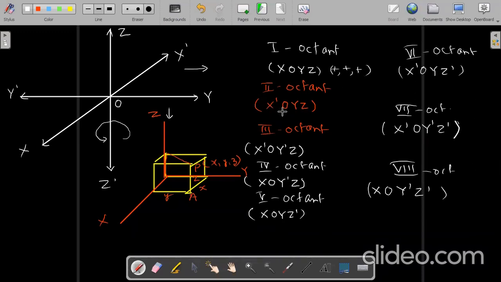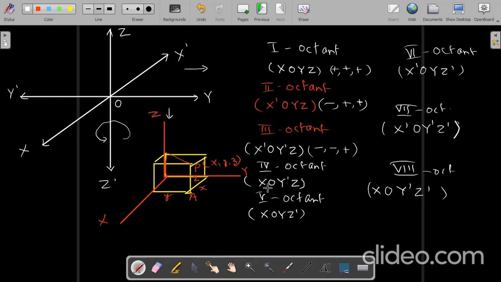Second octant: you can see O x dash means negative, so x is negative, y is positive, z is positive. Y means positive, y dash means negative. In the third, x dash, y dash negative means x coordinate negative, y coordinate negative, z coordinate positive.